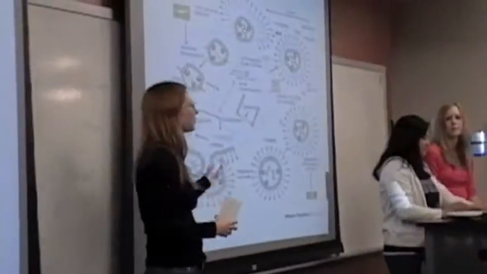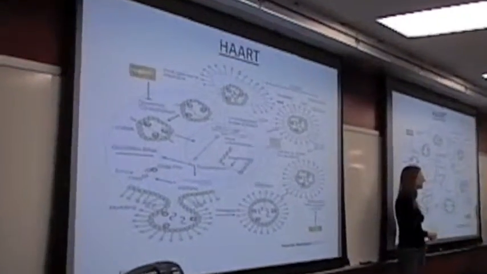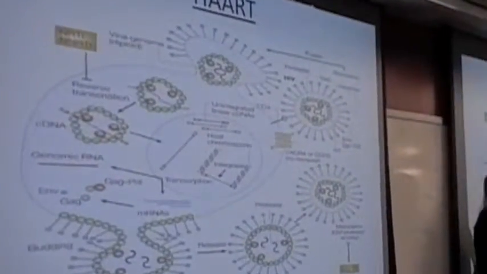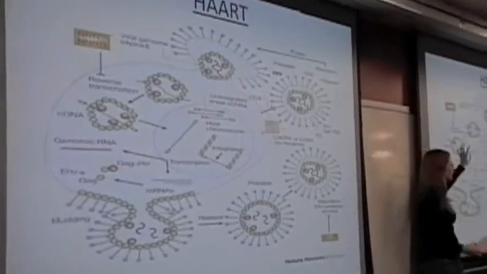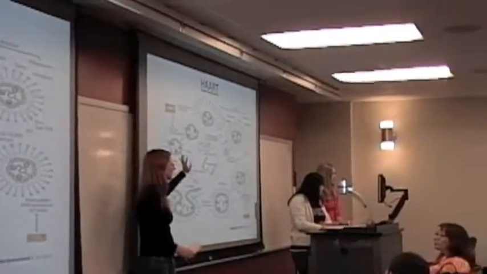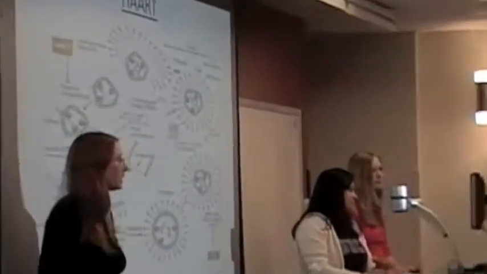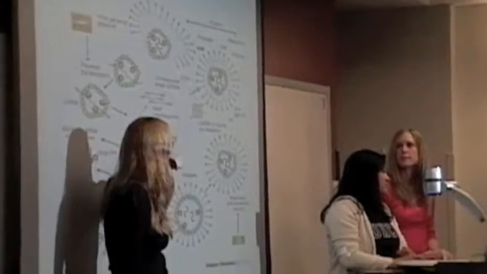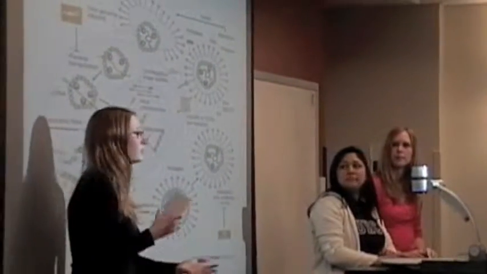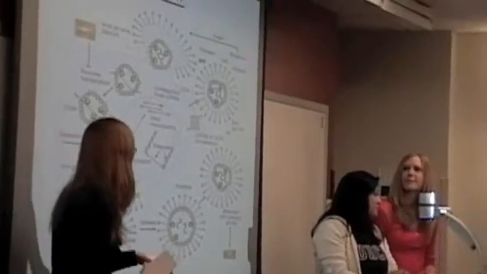Alright, this slide is just an overview of all the inhibitors that HAART is comprised of. Reverse transcriptase inhibitors interrupt the viral DNA replication. Our fusion inhibitors stop it from being able to bind and enter the cell, where our integrase inhibitors prevent it from incorporating and using the host as a replication factory.